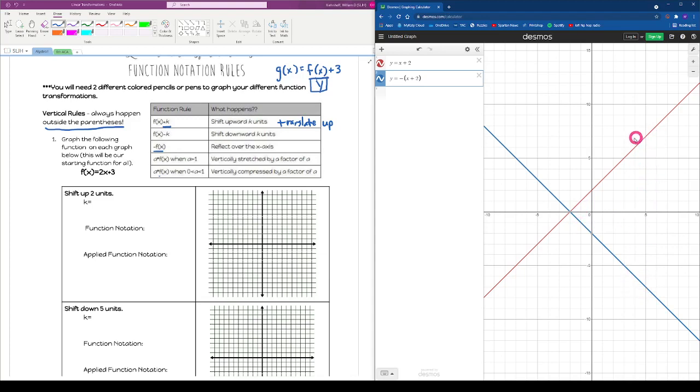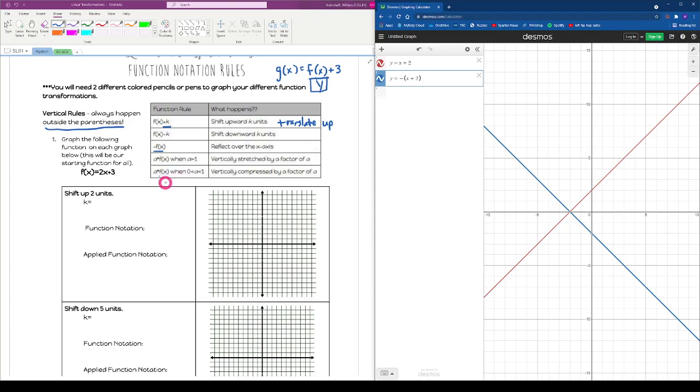So all of our y values, our output values, switched from positive to negative. And what that does is it causes them to reflect or mirror themselves across this horizontal axis. So if we make an entire function negative, then we're going to reflect it across the x-axis, or switch all the y's from positive to negative.